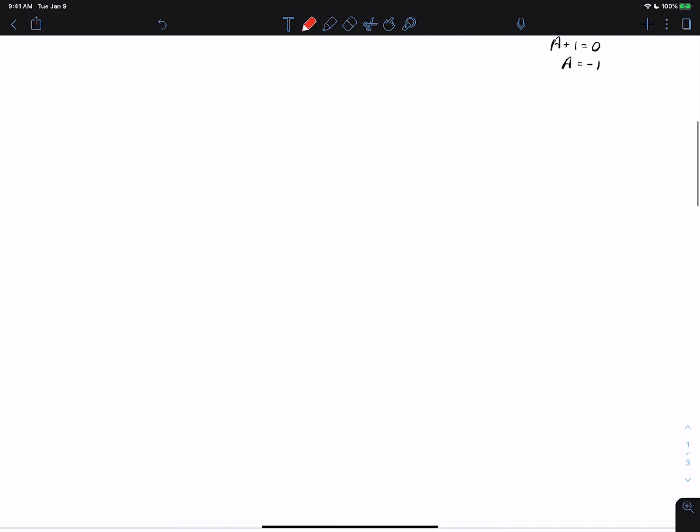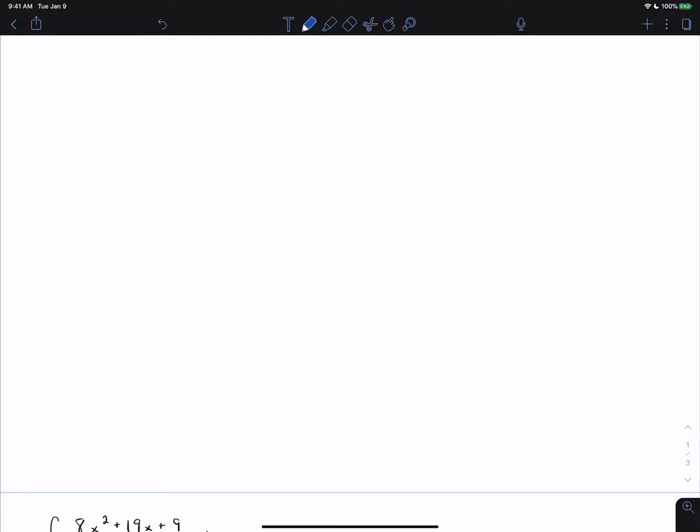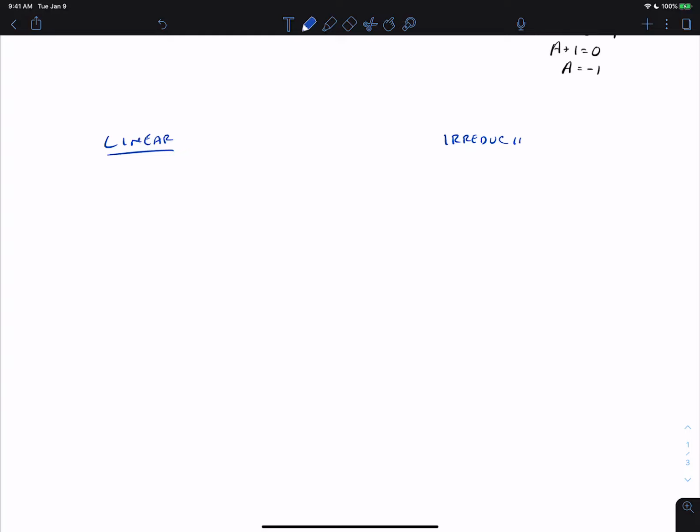In general, we're going to deal with partial fractions decompositions where we end up with linear factors and what's called irreducible quadratic factors. We will not deal with irreducible polynomials of higher degree than 2.